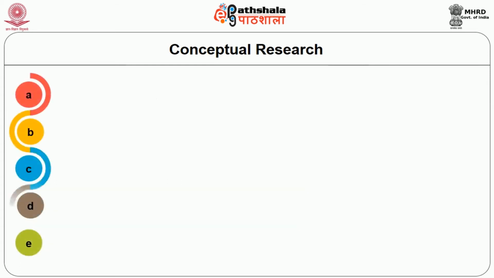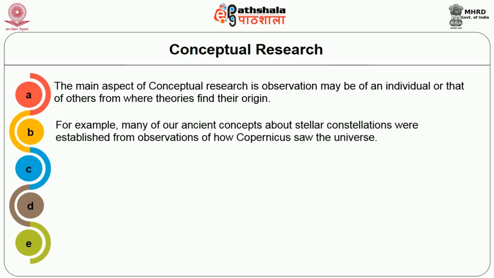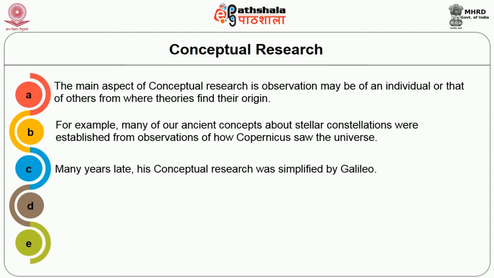The main aspect of conceptual research is observation, maybe of an individual or that of others, from where theories find their origin. For example, many of our ancient concepts about stellar constellations were established from observations of how Copernicus saw the universe. Many years later, his conceptual research was simplified by Galileo.